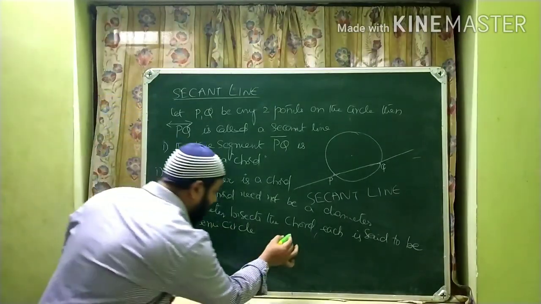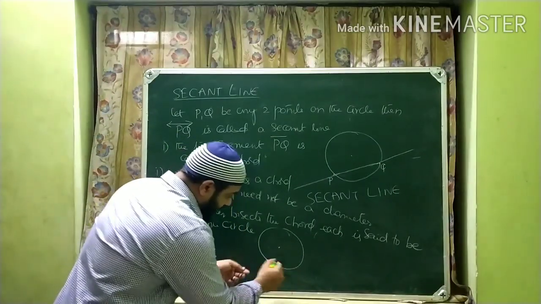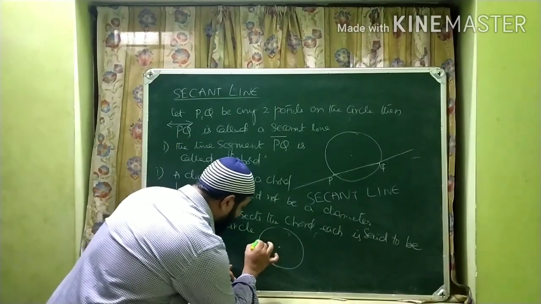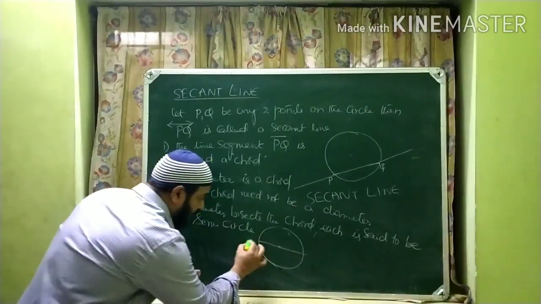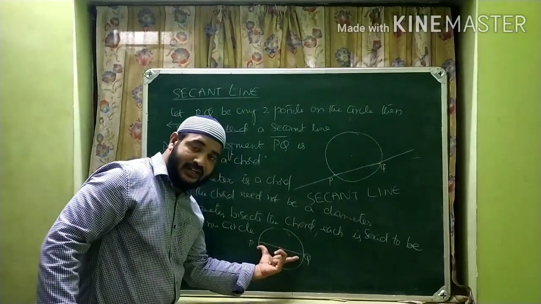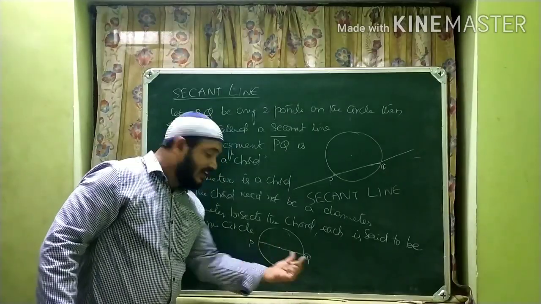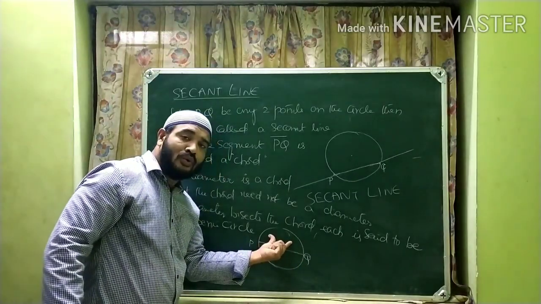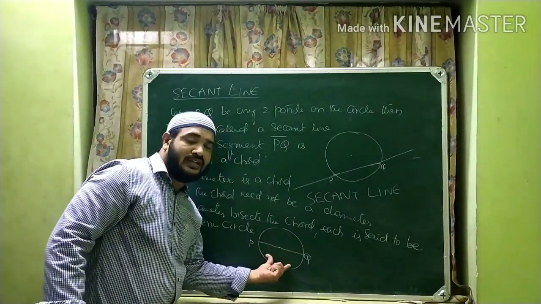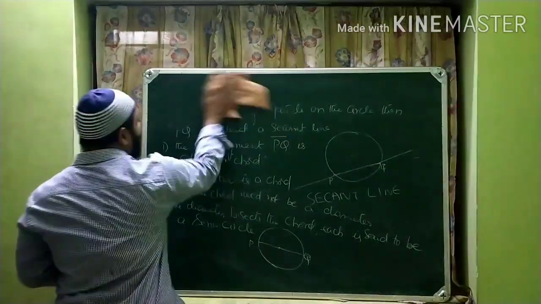That means this is the circle, this is the chord PQ, and if this chord is passing through the center, then this is the diameter, and it cuts the entire circle into exactly two same parts. So each is said to be what? A semicircle.